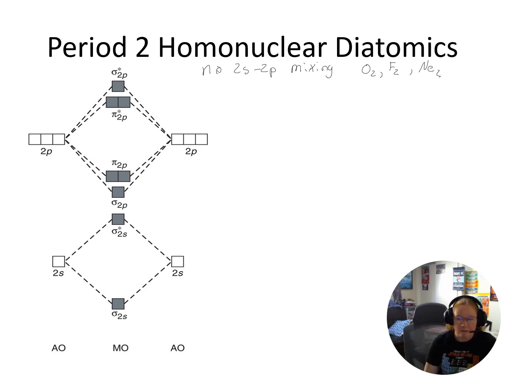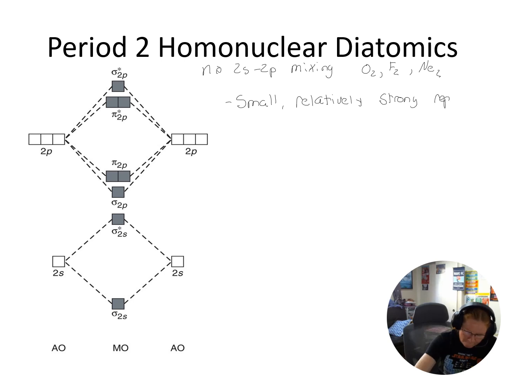Now here's what's happening. These atoms are small, so we get relatively strong repulsions as 2p electrons pair up.